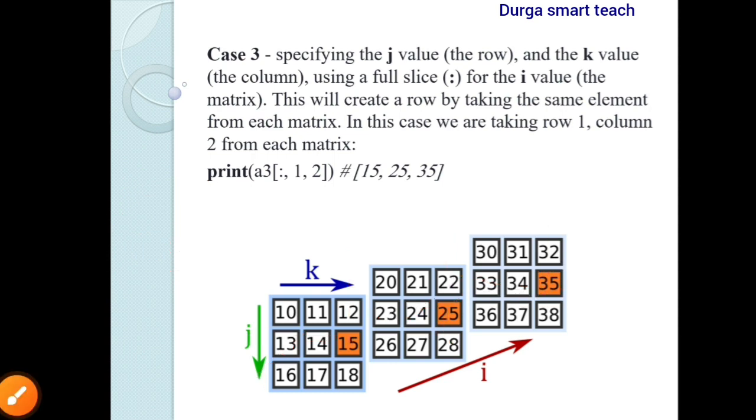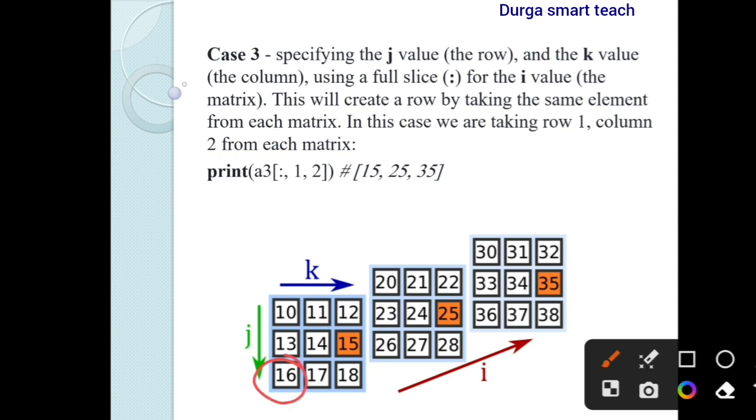Tell me, I want to access 16, 26, 36. 16 is present in the 0th plane, 26 in the first plane, 36 in the second plane. So you need to give colon because all planes. Next, what is the row?